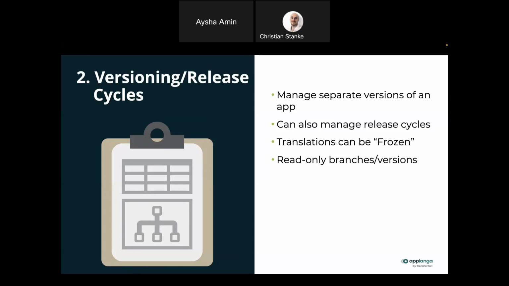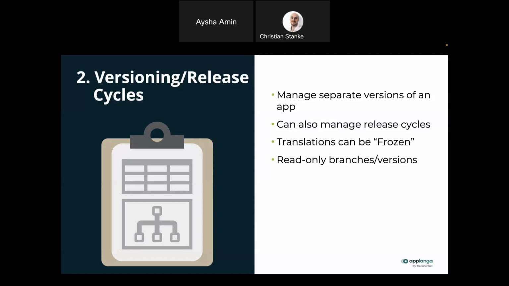So as an example, teams can fix something in one version without impacting any other version. The translations of your releases can also be essentially frozen in time, right? So you can also go back for documentation or compliance purposes. You can even enable read-only branches to help with the general stability of an app version.